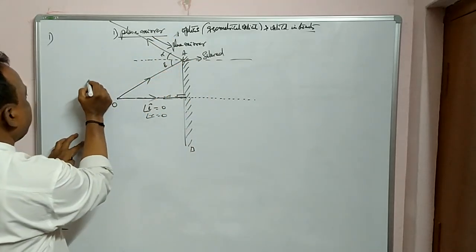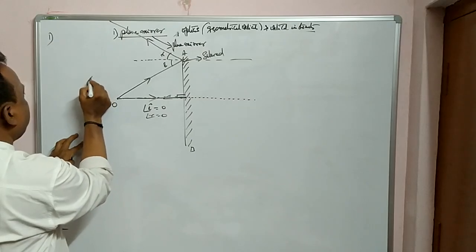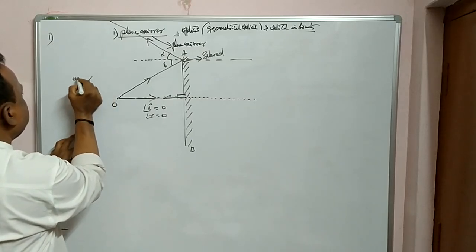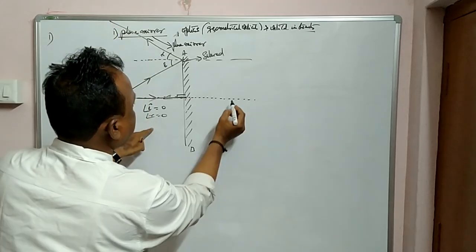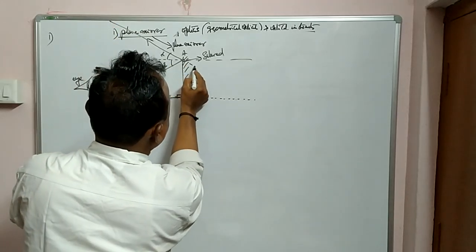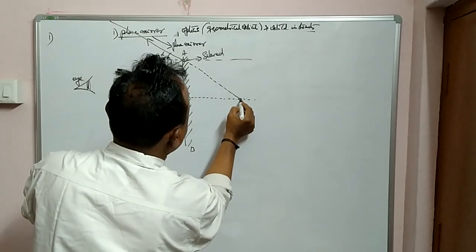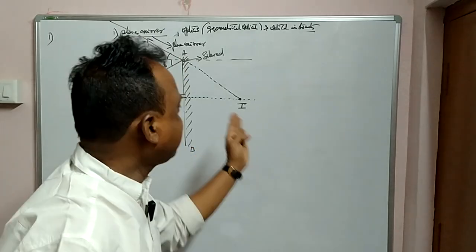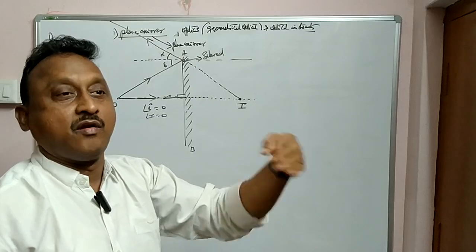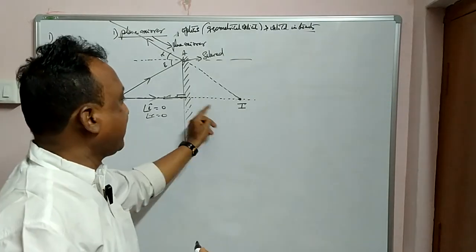An observer from here feels this light is coming from here. And this is the image. And this image is formed inside the mirror, not backside. It is formed inside the mirror.